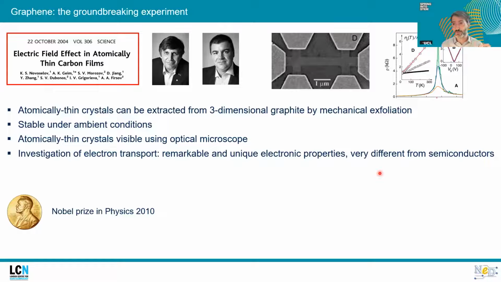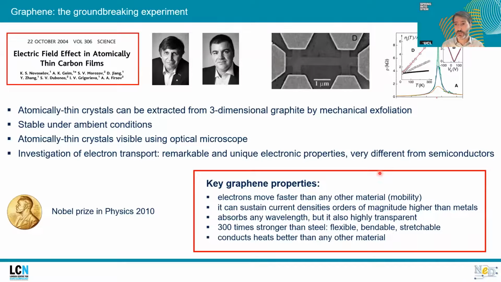Now, we don't really have a lot of time to go into details, but if you want to understand a few of the key properties of this material that was extracted, which we have called graphene: electrons move faster than in any other material, what in electronics we would call electron mobility; it can sustain current densities orders of magnitude higher than metals; optically speaking, it can absorb any wavelength; it is stronger than steel, flexible, bendable, and it is also a very good thermal conductor.